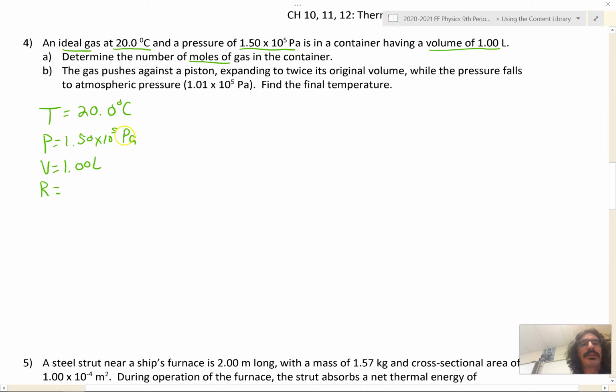We want to use the one that is a result of our pressure being in pascals. And that's 8.31 joules per mole times Kelvin. Since we have a Kelvin here, we have to convert our temperature to kelvins. So we're going from degrees Celsius to kelvins by just adding 273. So the temperature equals 293 kelvins.